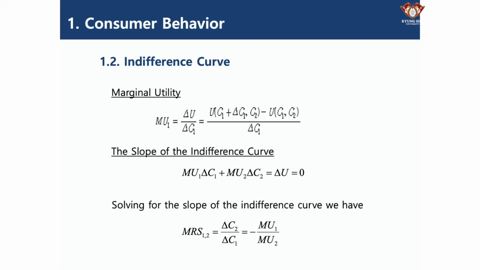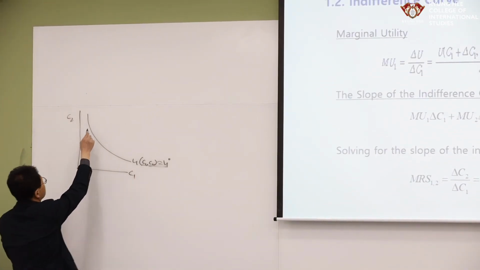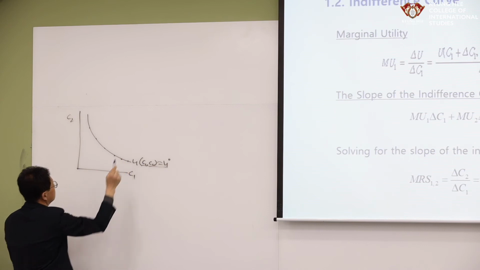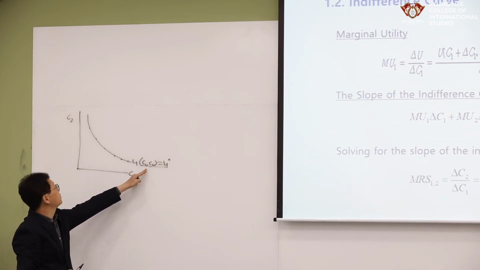Some more explanation in graphs. Now think about one indifference curve, C1, C2. The utility function of C1 and C2 is equal to some fixed utility level, for example. Then we can find lots of C1 and C2 combinations providing the same level of satisfaction.